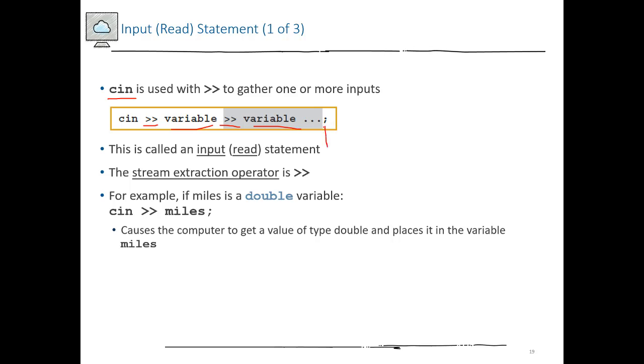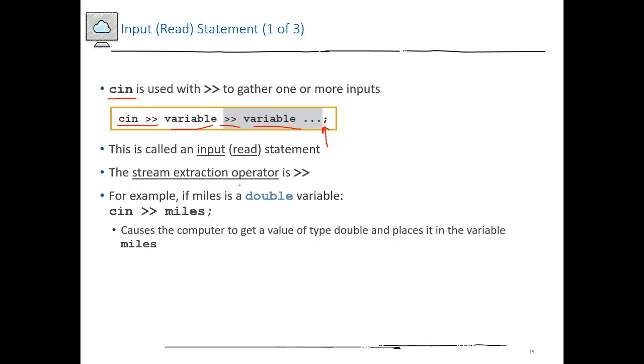And the end of the statement is a semicolon. So what is this called? This is called an input read statement because it has cin. An input read statement contains cin.